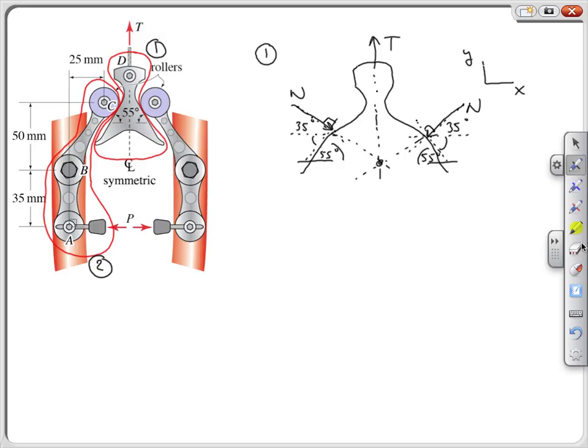In addition, the symmetry of this object is such that we don't have to worry about force equilibrium in the x direction. We can see that we're just going to have N cosine 35 minus N cosine 35, which is identically 0. So the only equilibrium equation we have yet to employ here is simply vertical equilibrium.